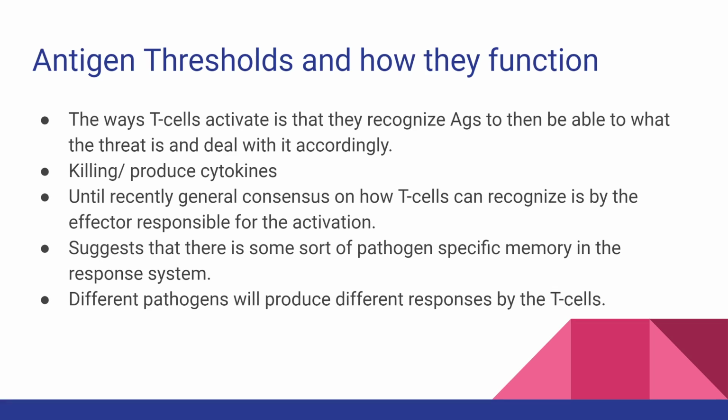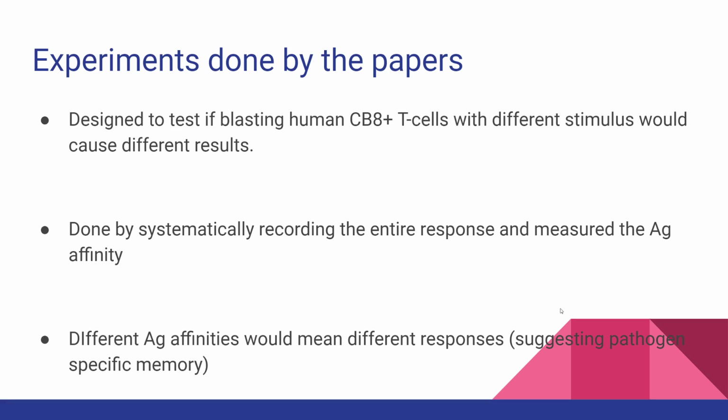What that basically means is the AG would say, "You've seen this before, we don't need to work that hard, just go deal with it." Or it would say, "This is very dangerous, we need everyone here, make all of the T cells we can." So overall, different pathogens will produce different responses from the T cells.